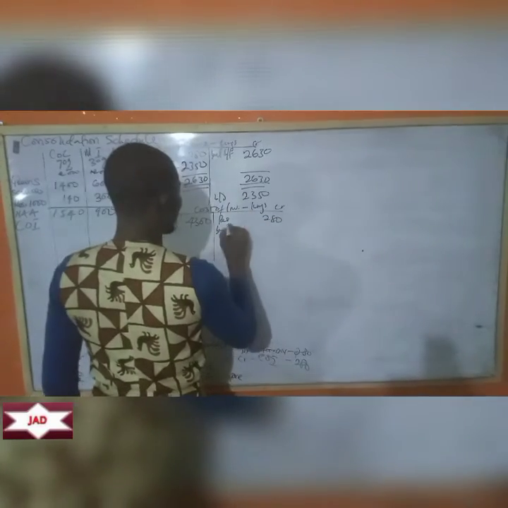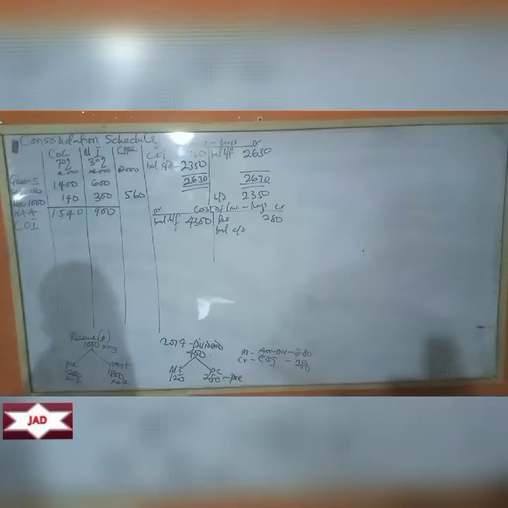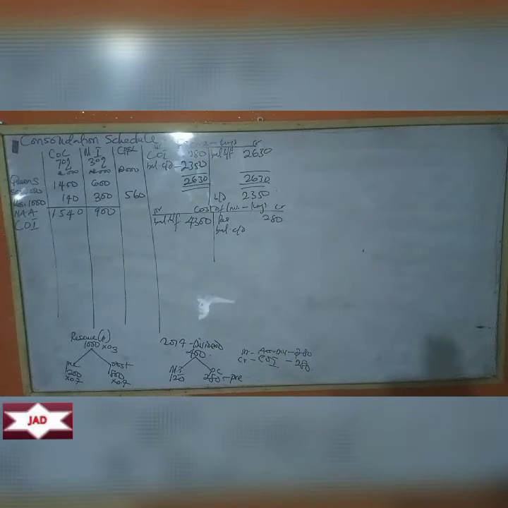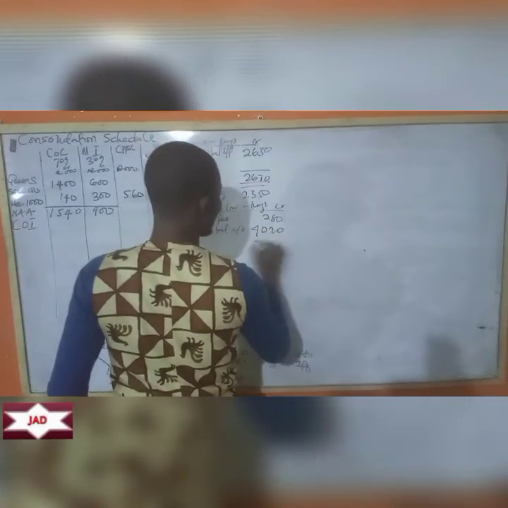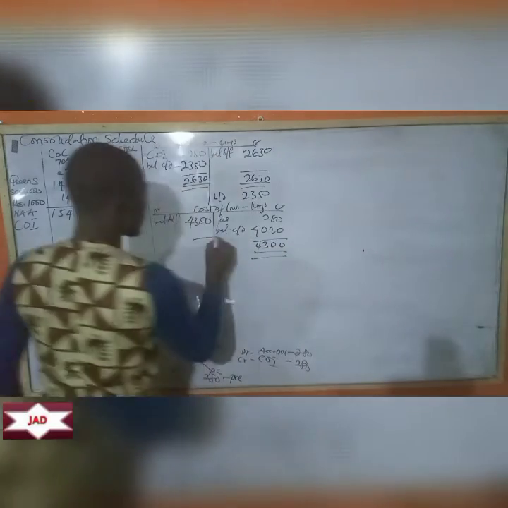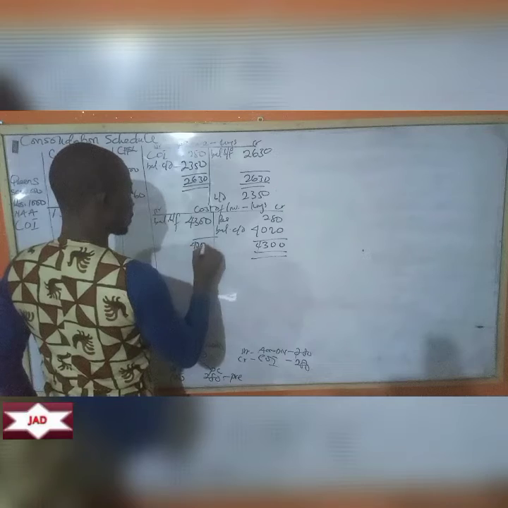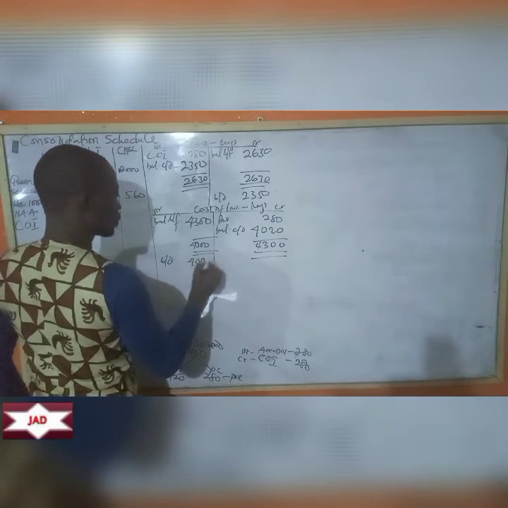So we have balance carried down, 4,300 minus 280. What do we have there? 4020. So the new balance is 4020.